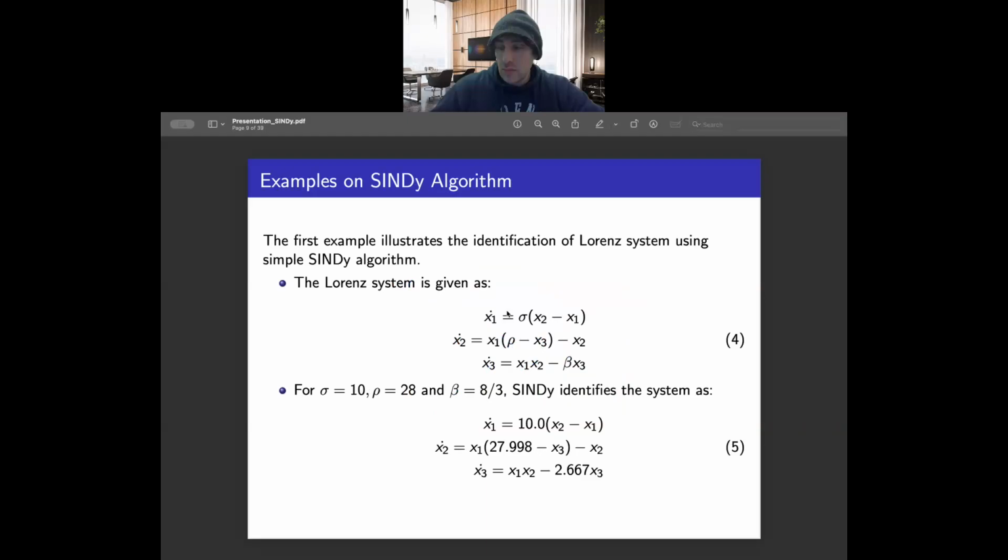For my case, as I told you, the SINDy algorithm depends on the augmented library that you select. For this case, when I was selecting the augmented library, I selected the polynomials which have degree less than or equal to 2, because we have this x1, x2 term as well.